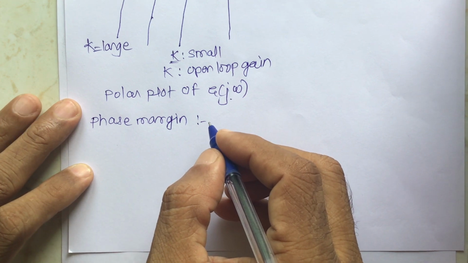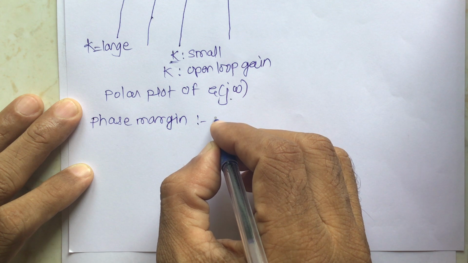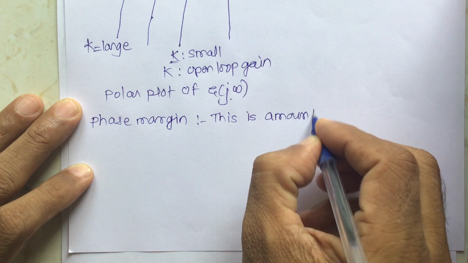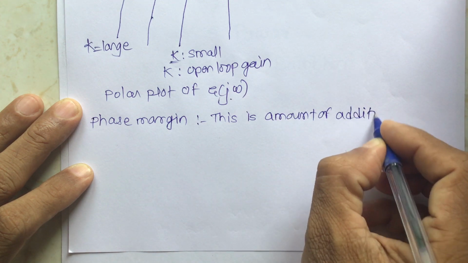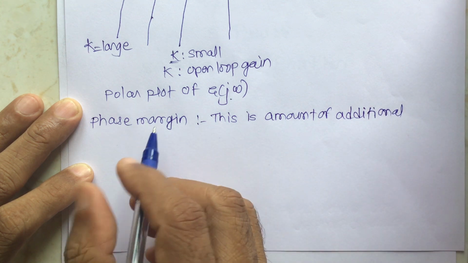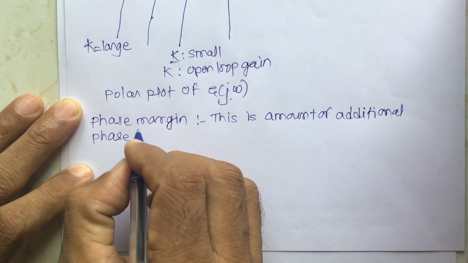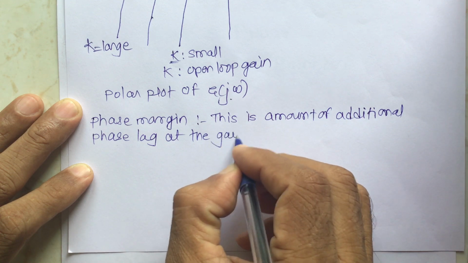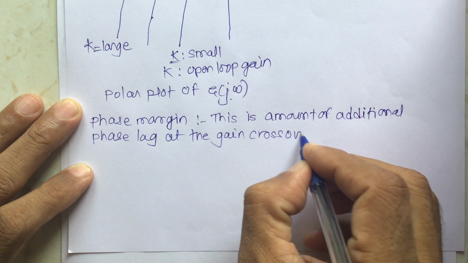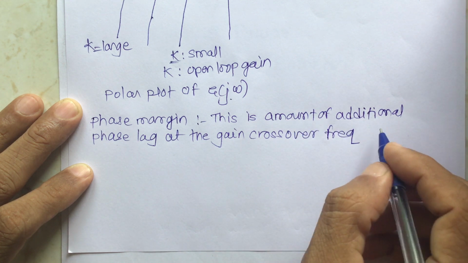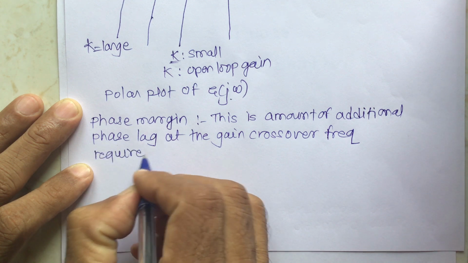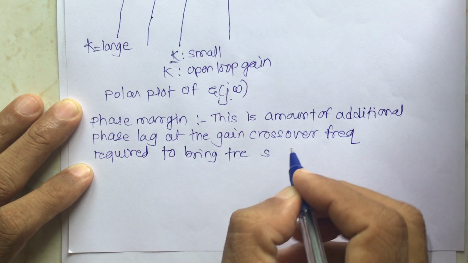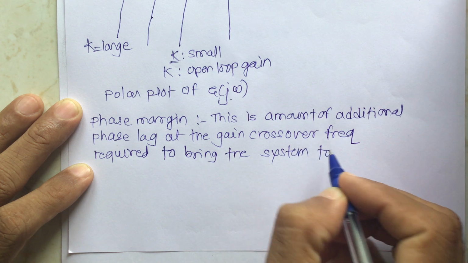What is phase margin? This is the amount of additional phase lag at the gain crossover frequency required to bring the system to the verge of instability.